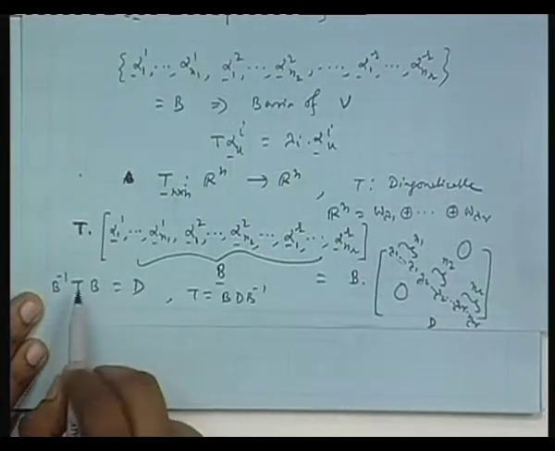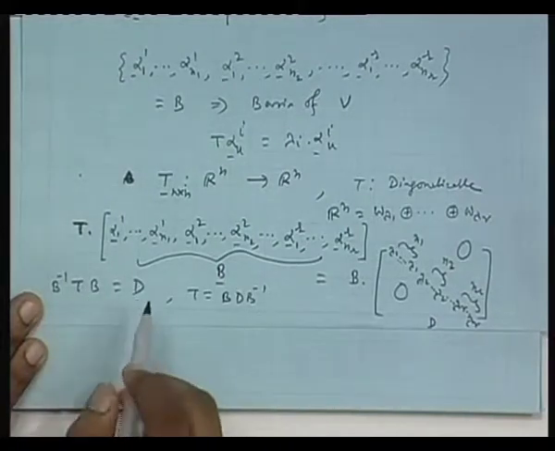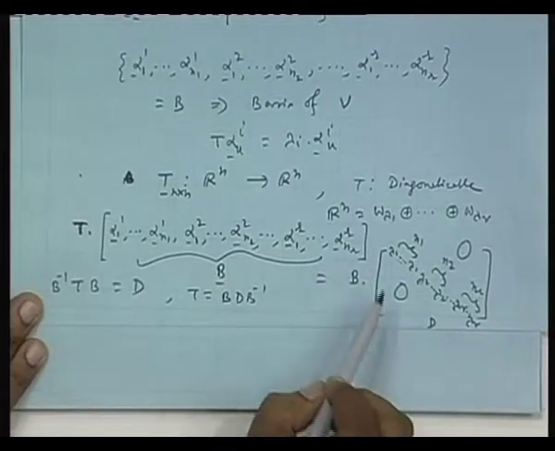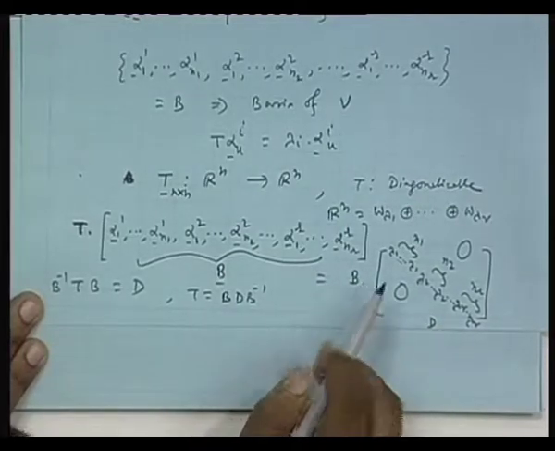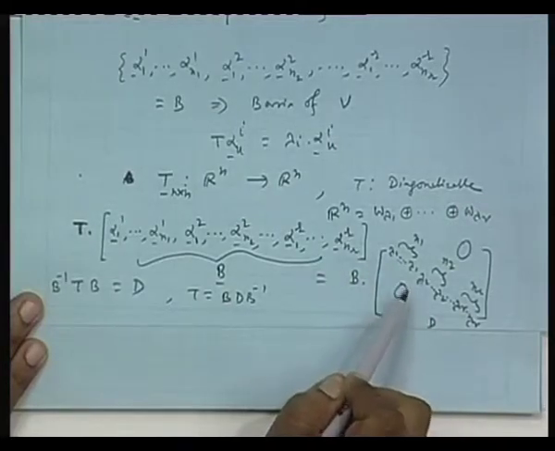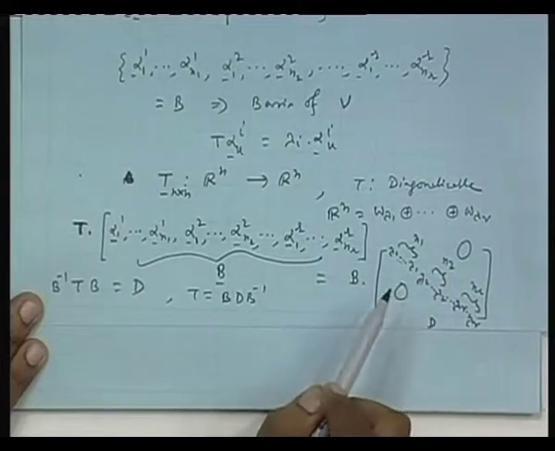And given T, we diagonalize T by this method, we get a diagonal matrix. The diagonal matrix D consists of only diagonal entries, not necessarily non-zero, some eigenvalues could be 0 also, but it is a diagonal matrix, and the diagonal entries correspond to the eigenvalues of T.